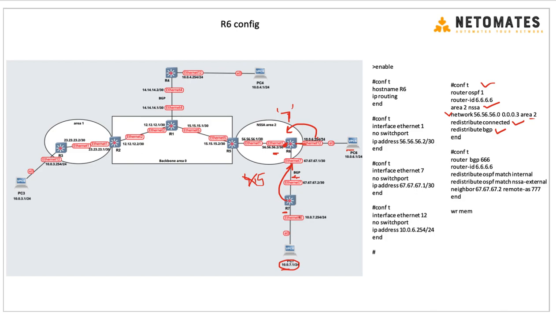Once R6 receives the route of PC7 network through BGP, we are redistributing it into OSPF as external. This will also generate a type 7 LSA. Once the type 7 LSA reaches R5, it will generate type 4 and 5 LSAs about these particular networks and distribute into the OSPF network, and they all will go to all the routers in the topology.